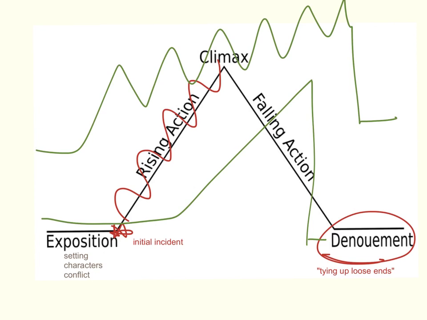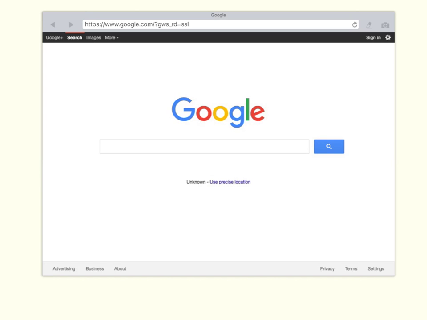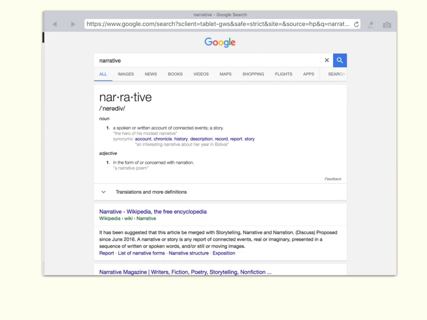You're going to be working on some stories of your own in preparation for writing for college, because that's really what those writing prompts are about. So when someone asks you to write a personal essay or a narrative, that really means that they're looking for, as it says here, a spoken or written account of connected events or a story.